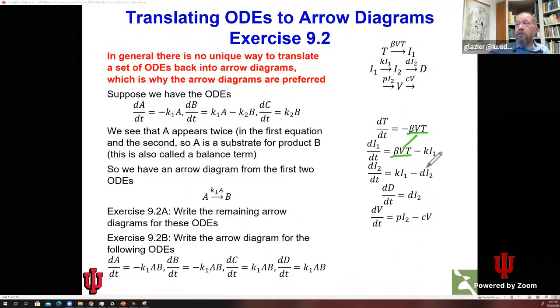I have a term minus KI1 here and plus KI1 here. I have a term minus DI2 here and plus DI2 here.